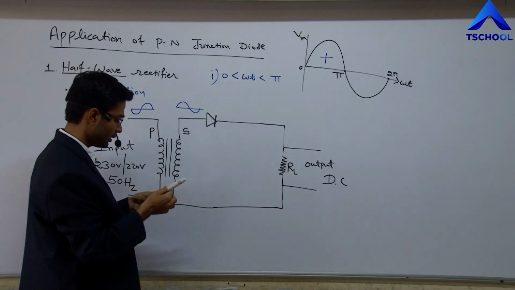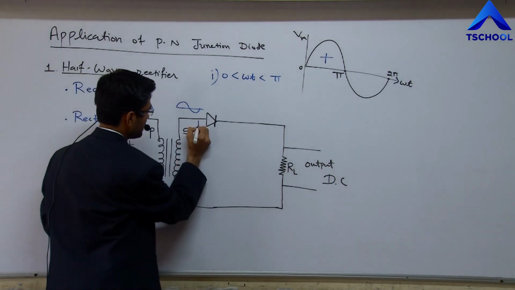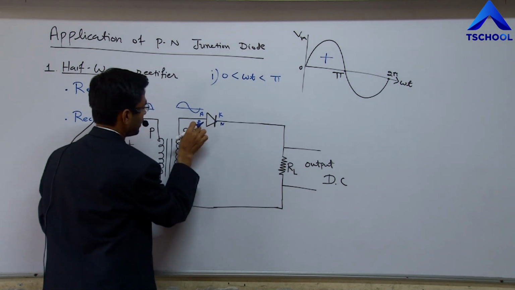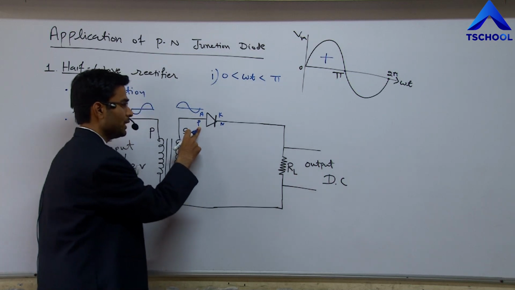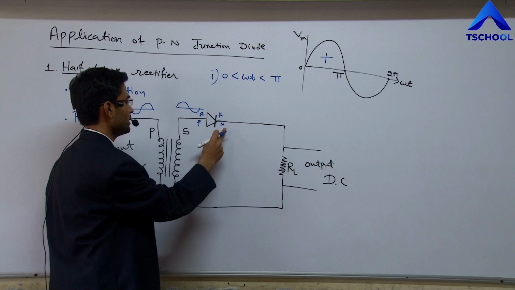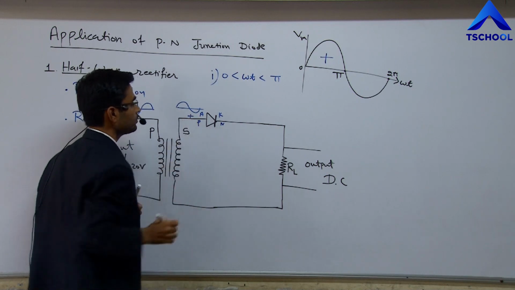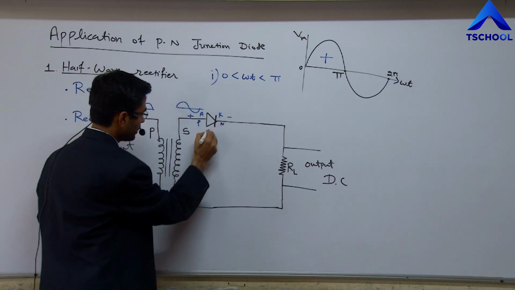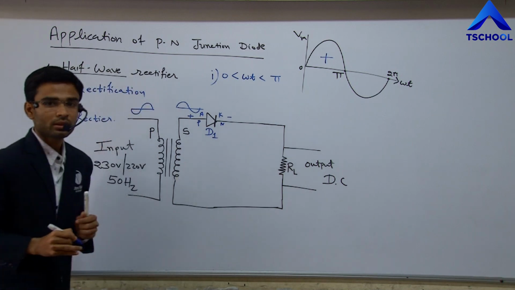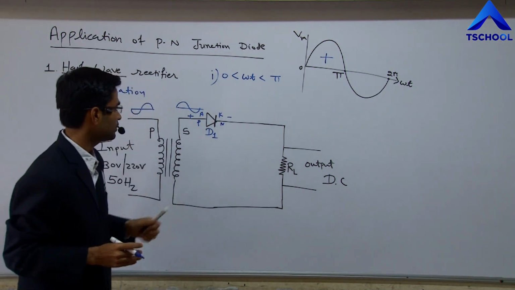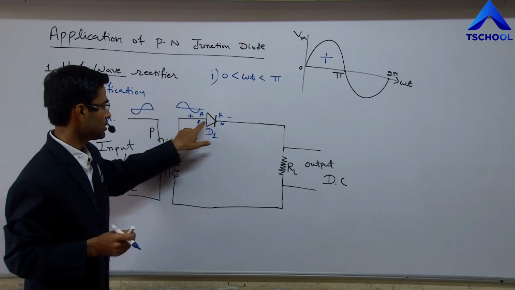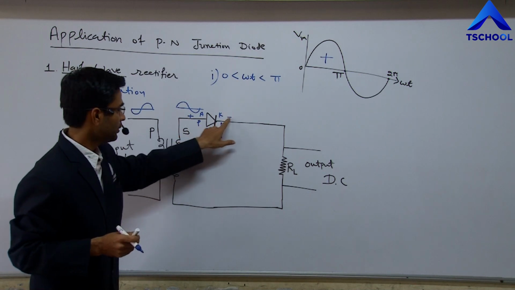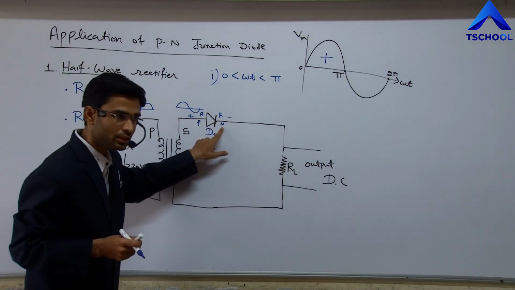When the first positive half cycle is given to the transformer, at that time, in the diode, the p section and the n section mean anode and cathode. The p section means p type semiconductor, the n section means n type semiconductor, so here positive and here negative. Here is diode D1. Why positive here? Because it is the p section of the PN junction diode, and negative means the n section.